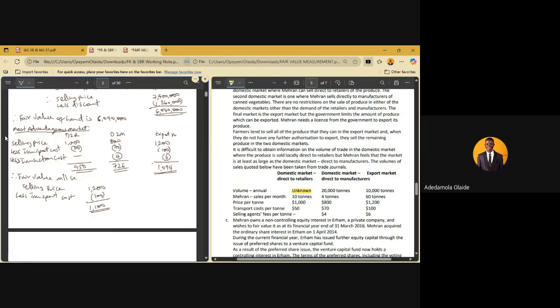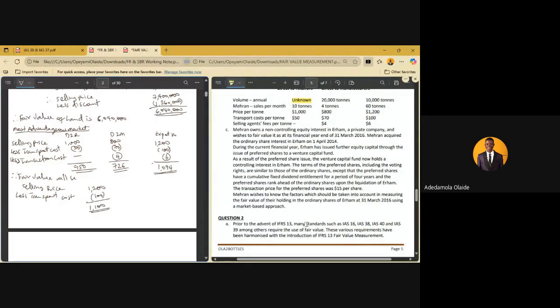Next one, they said Mira owns a non-controlling interest in Eram, a private company, and wishes to fair value it as at financial year end of 31 March 2016. Mira acquired the ordinary shares interest in Eram on 1st April 2014. During the current financial year, Eram has issued further equity capital through issue of preference shares to a venture capital fund.